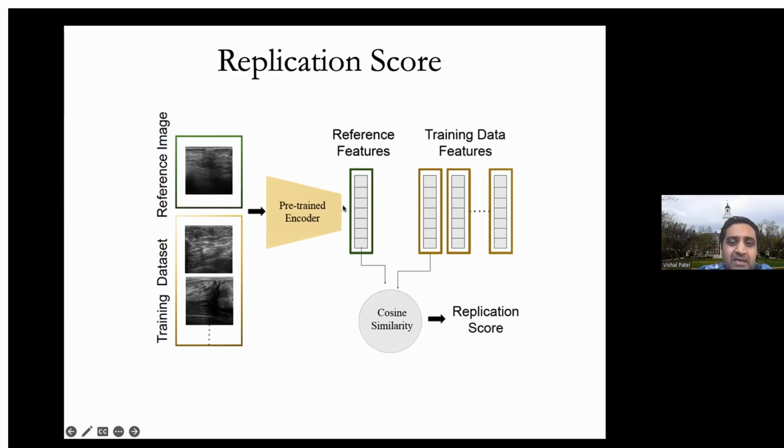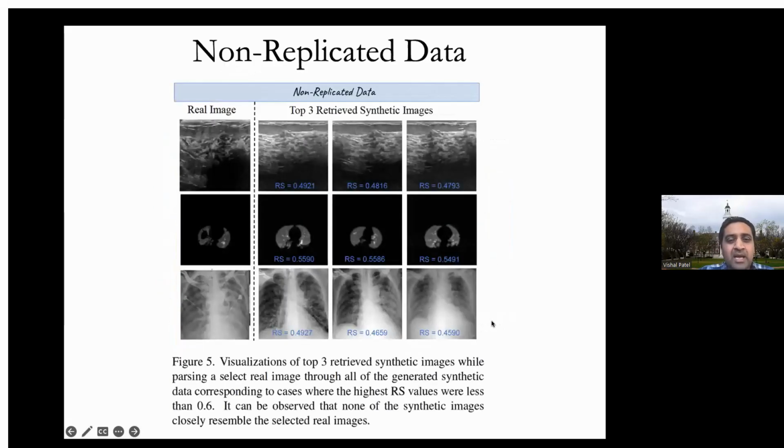So you take the generated vector and compare it with your training sample, to see how well that correlates. We view that as a replication score. And that replication score has a lot of information about what kind of images are produced by the diffusion model.